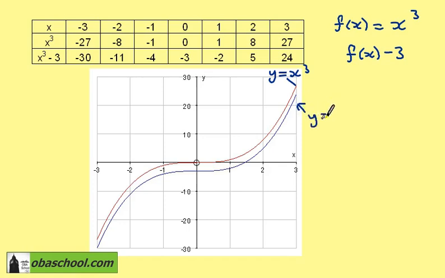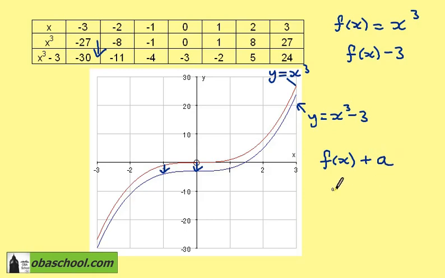The blue one, therefore, is y is x cubed minus 3. If we consider the table, we can see that the coordinate is moved down by 3 units. And we can see the same if we look at the curve. So the effect of the minus 3 is to move the curve downwards by 3 units.